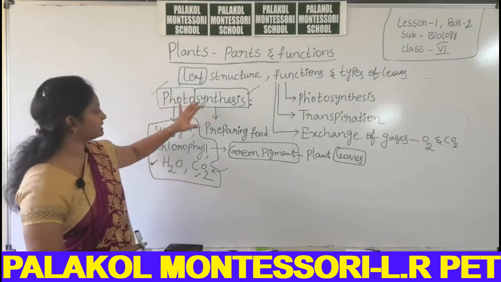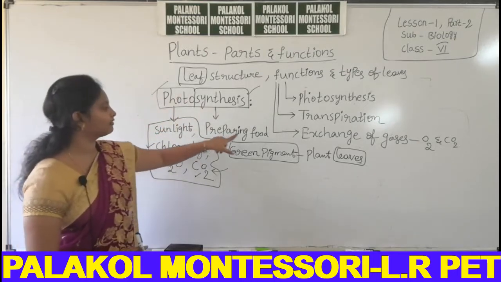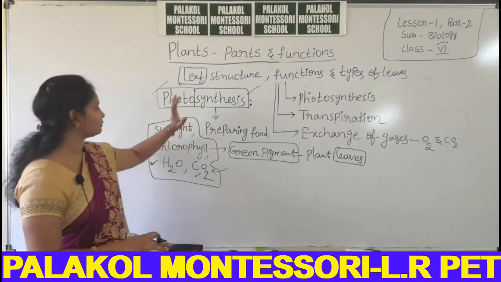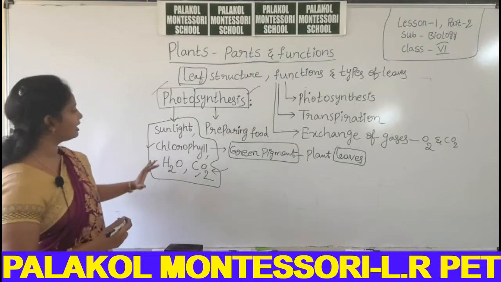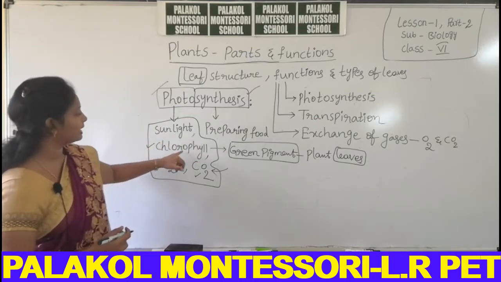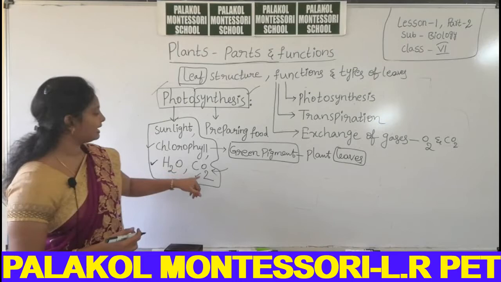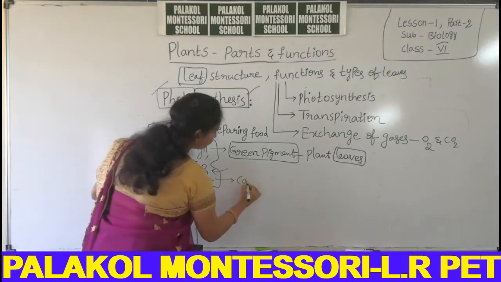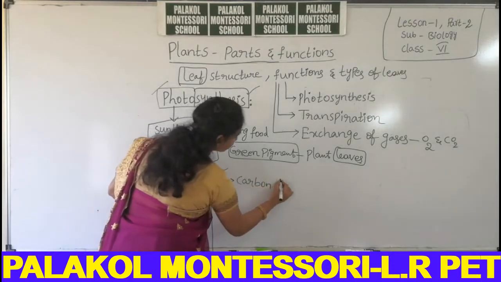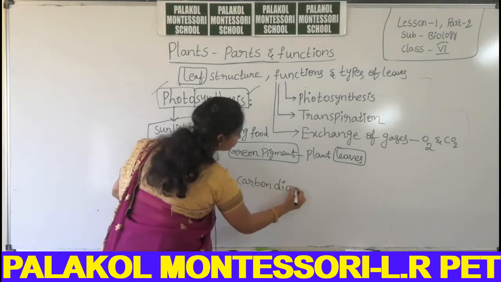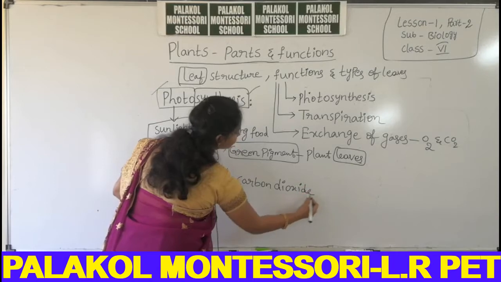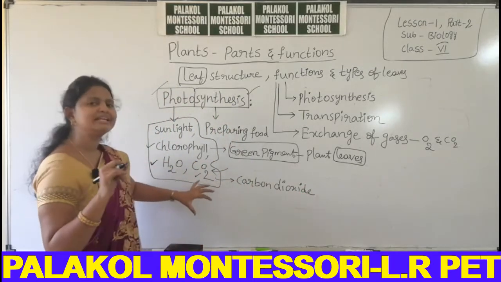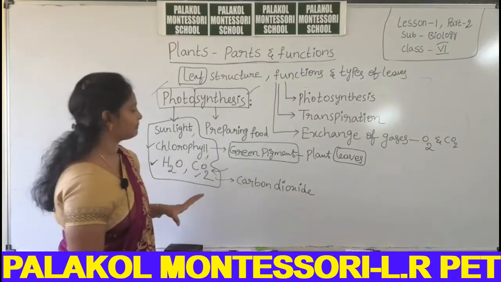What is photosynthesis? By using sunlight, preparing food in the plant body on its own is called photosynthesis. What are the requirements along with the sunlight? Chlorophyll pigment, water and carbon dioxide. CO2 is carbon dioxide. Okay, you are 6th class students, that's why I am explaining each and every term in a clear-cut manner.